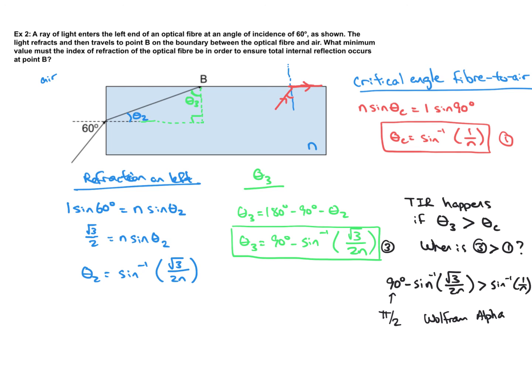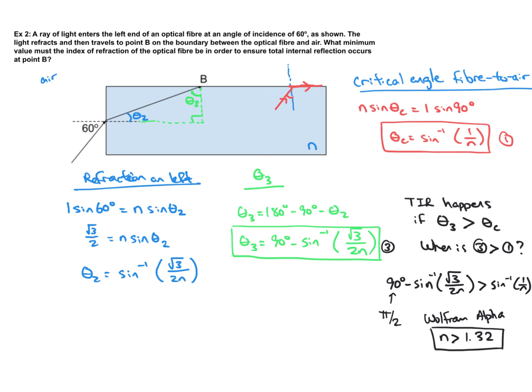And when I type it in, it gives me an answer that the n value will have to be at least 1.32. So any index of refraction bigger than 1.32 will cause the light to be trapped in the optical fiber for an angle of incidence of 60 degrees.